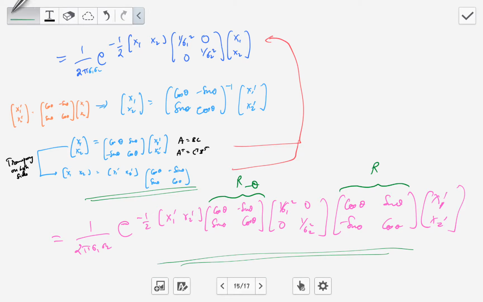So if one is R theta, the other is R theta transpose. If one is the rotation matrix, the other is the rotation matrix transpose, because transpose and the inverse are the same. Here, because we transposed this, I am writing it as transpose here. This is just the transpose form of the above expression. Since I did a transpose here, I am writing a transpose here, or else I could also have written an inverse.